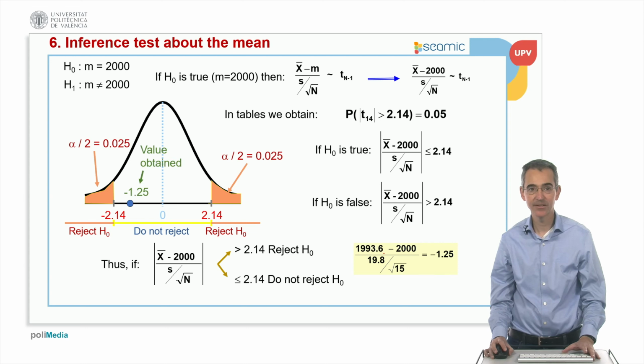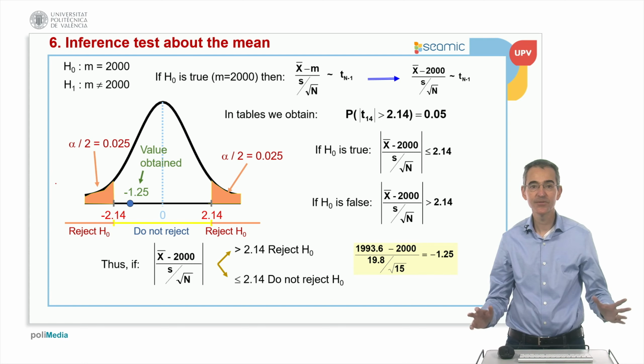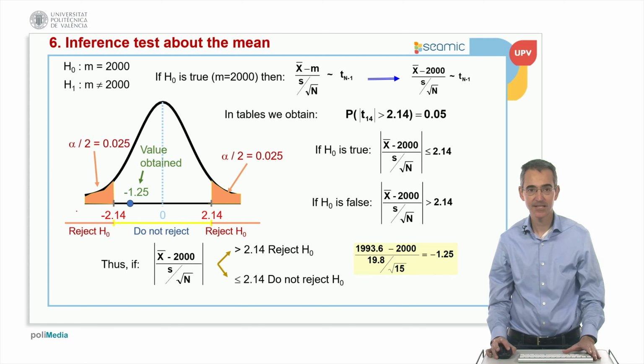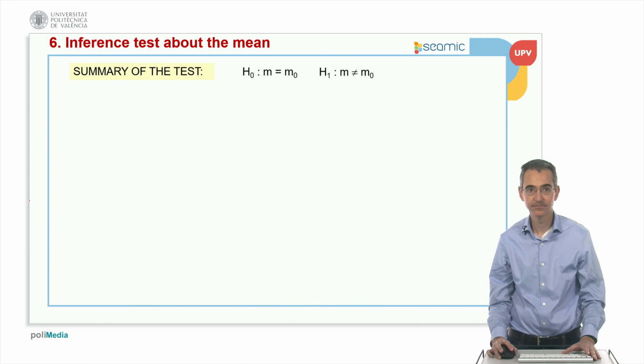Where is this value? This value is here, so it's in the zone of frequent values, the zone of do not reject. So the solution is that we don't have enough evidence to reject the null hypothesis. So this hypothesis is acceptable. It cannot be rejected.